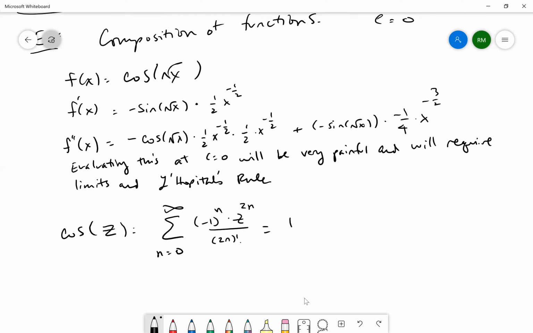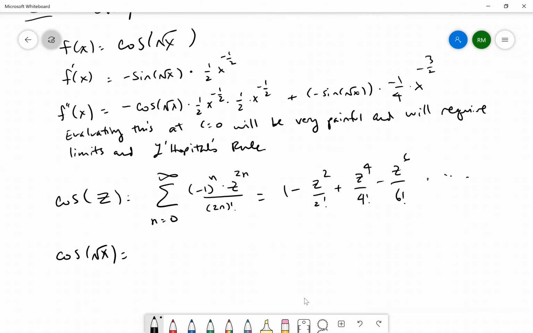In other words, it's 1 minus z squared over 2 factorial plus z to the 4th over 4 factorial minus z to the 6th over 6 factorial, etc. So if I want to do the cosine of the square root of x, I just need to plug in root x for z. So let's plug in root x in those expressions, and I get 1 minus root x squared over 2 factorial plus root x to the 4th over 4 factorial minus root x to the 6th over 6 factorial.